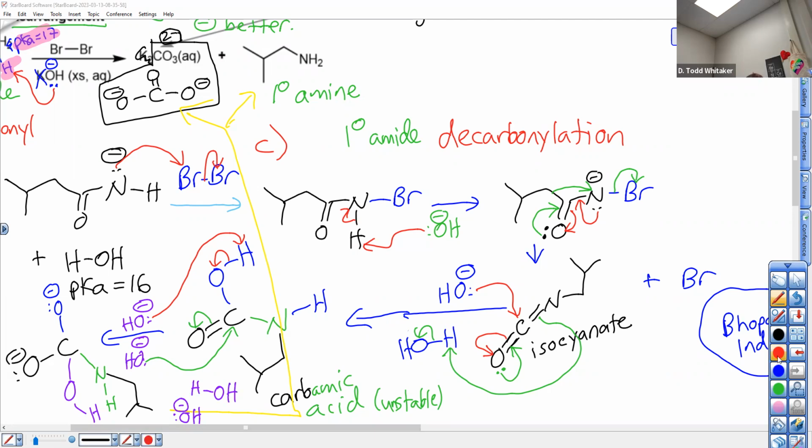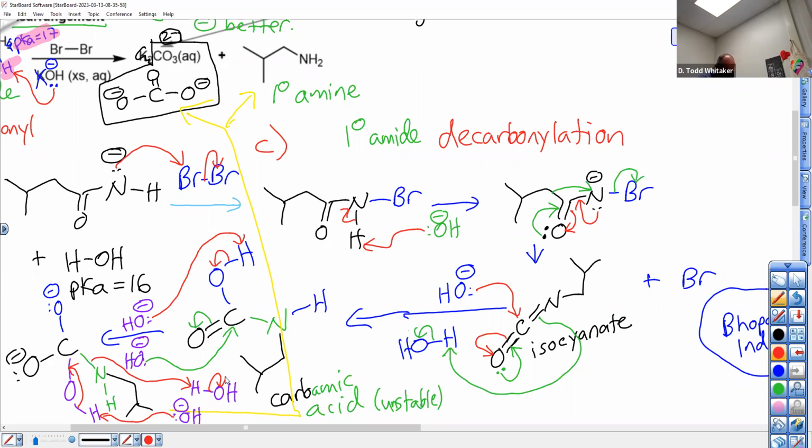It's tautomerization, but it's got an elimination in it. So really, I can't call it tautomerization. It's an elimination. It looks like tautomerization, but all eliminations look like tautomerizations anyway. So there you go.